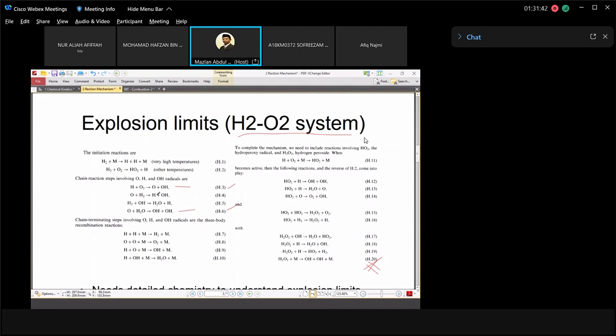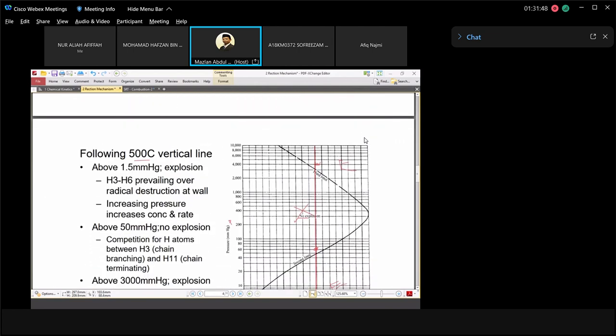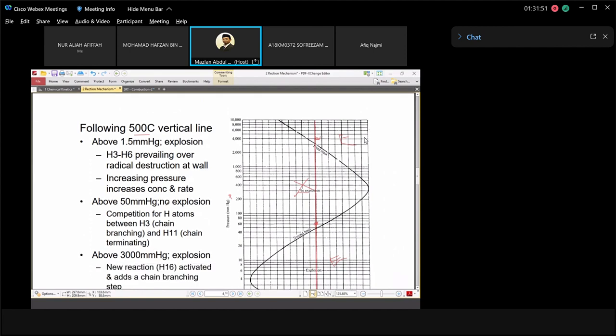The radicals are produced in a very short period of time. This is what happens above 50 millimeter. Above this point, in this region, there is no explosion.